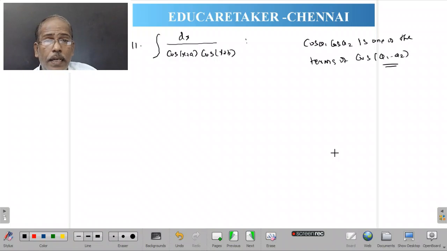Since the denominator is one of the terms of cos of theta 1 minus theta 2, we need an adjustment: multiply and divide the given integrand by the same compound angle but a different ratio. That is, the sine ratio should be taken, multiply and divide by sine of theta 1 minus theta 2. This is the most important concept. Clear, all of you?